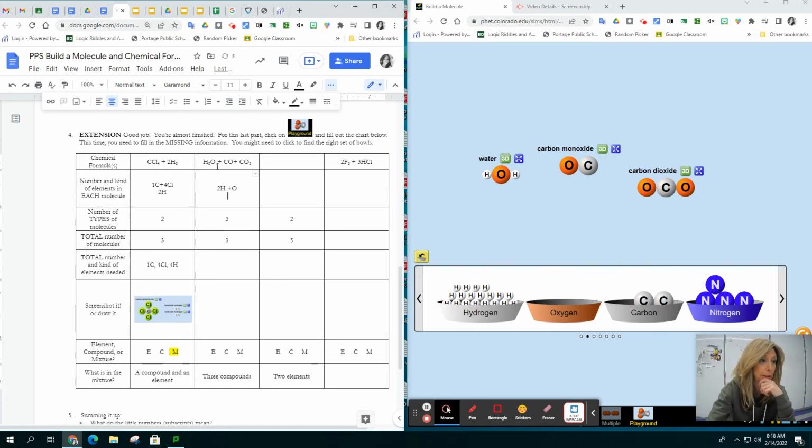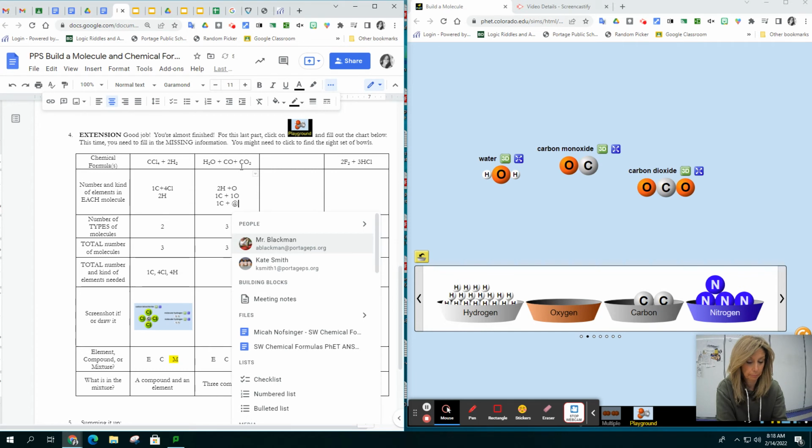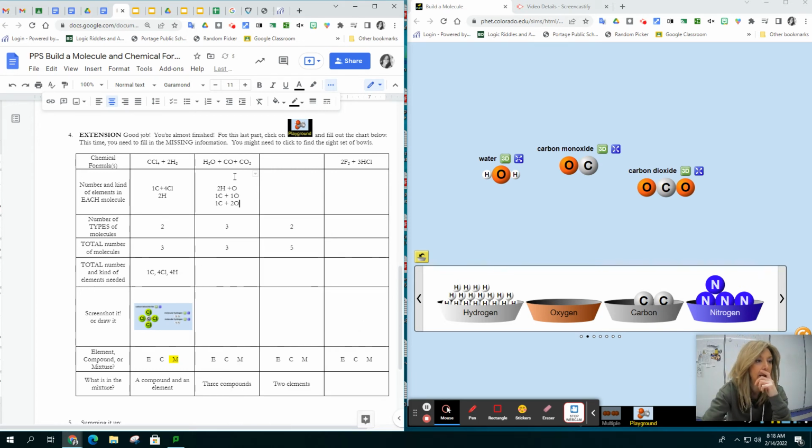So that's the first one. 1 carbon, and I've used 1 oxygen in my carbon monoxide. And in my carbon dioxide, 1 carbon and 2 oxygen atoms.